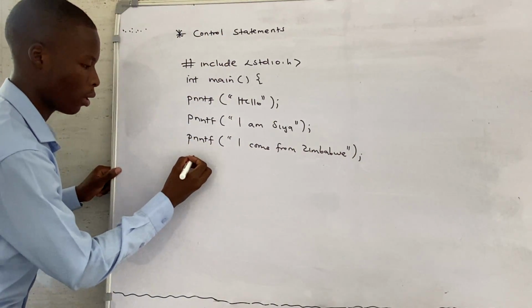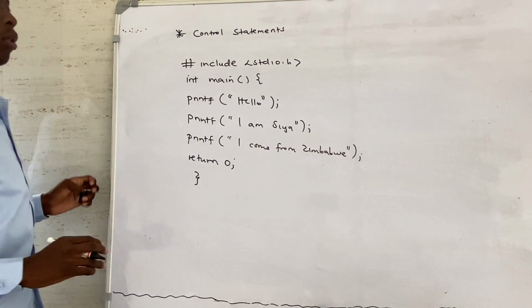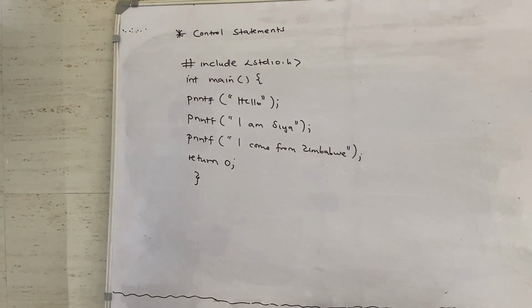Okay, well, here I'm going to write return 0 in a vector class. So this is a simple program.